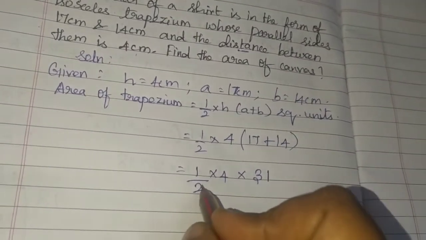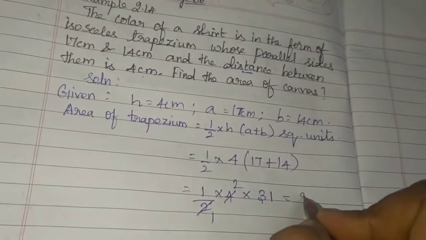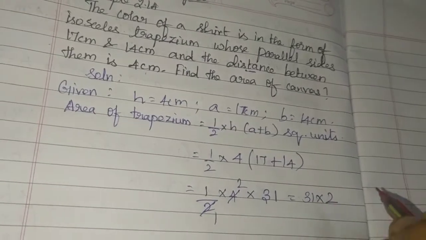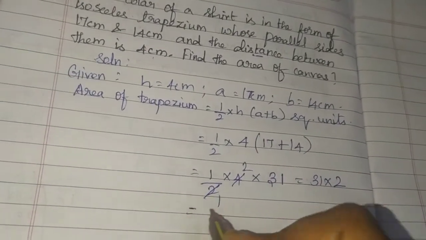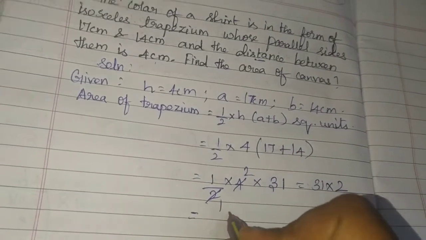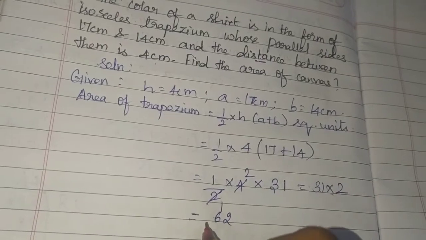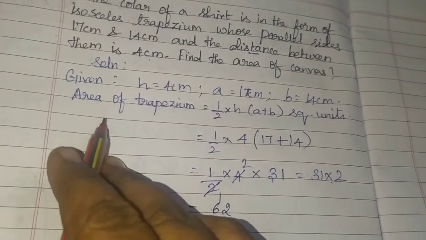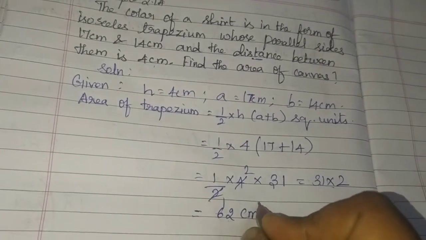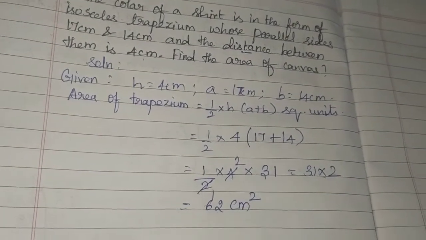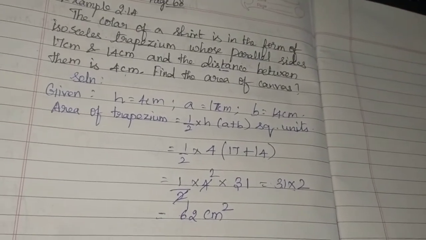So 31 into 2, what will we get? Open your mouth and say 2 ones are 2 and then 3 twos are 6, so we get the answer 62. We are finding the area, so centimeter is given, so we have to write 62 centimeter square. Very simple sum, children.